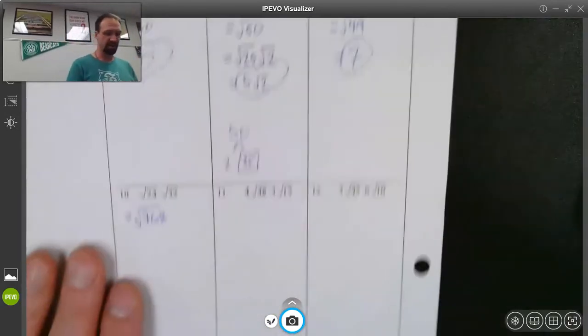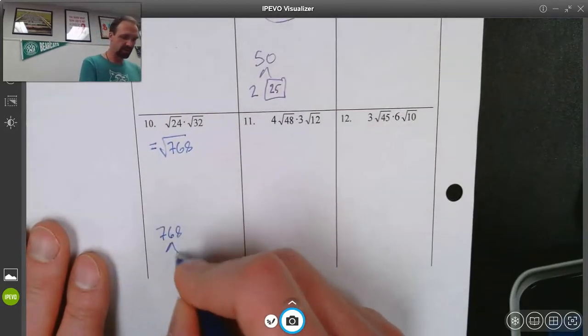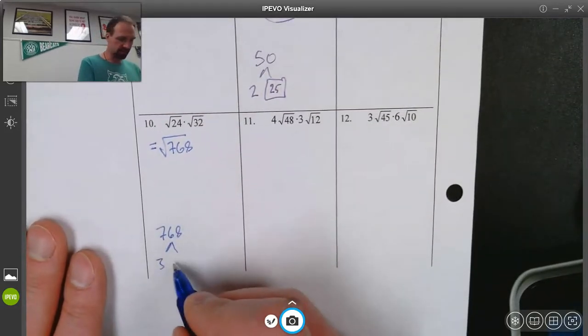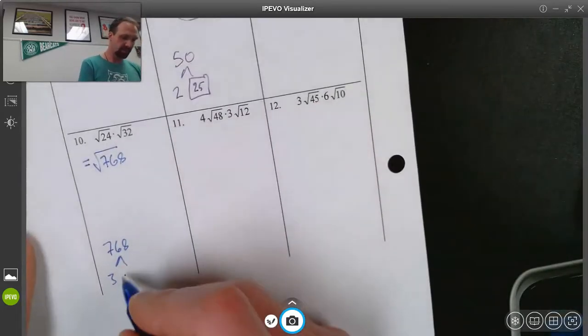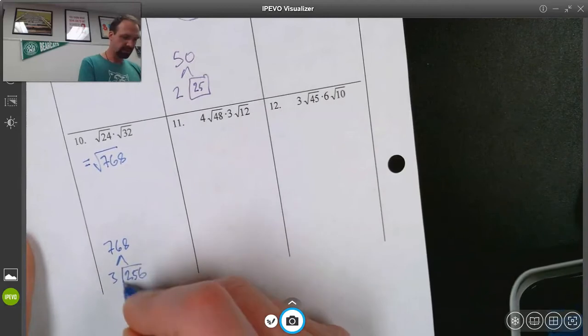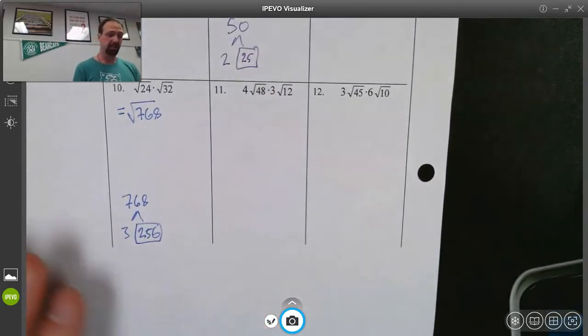So it's beneficial, if you don't know, just to start there and just keep going. So 768. So that gave me 3, and the square root of 256 is 16. Now the reason I wanted to remember that it was 16 is because I know the square root of 256.